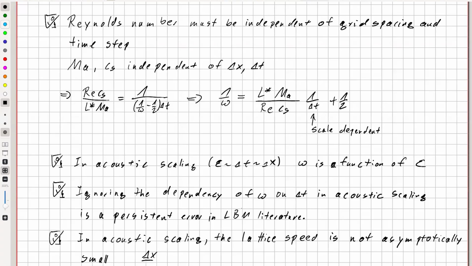Because we have delta x by delta t is actually constant. And this means, so we have a discretization. Remember, we have a discretization in velocity, yeah? In the lattice velocity.